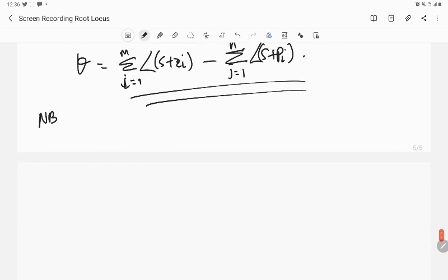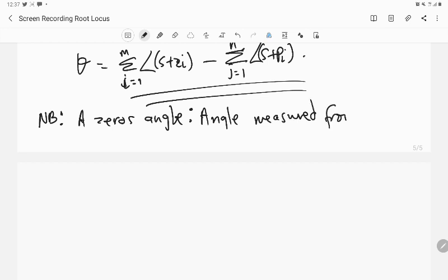Note that when we talk about a zero's angle, that is the angle measured from a positive extension of the real axis.